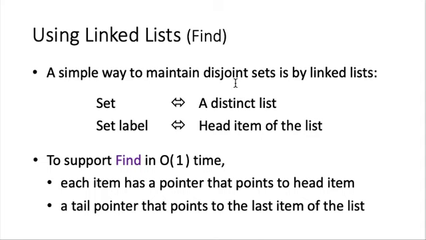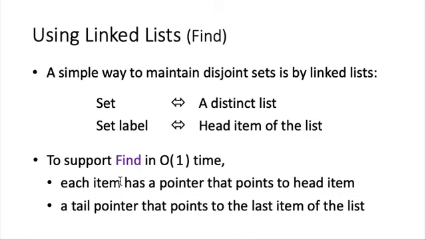Okay, so a very simple way to maintain disjoint sets is to use linked lists. For each set, we use a distinct list to represent it, and the set label is the head item of the list. Now, if we want to support find in constant time, we can do the following.